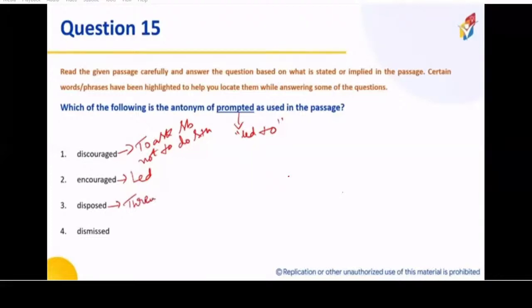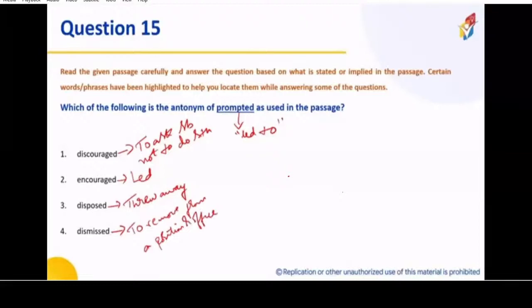Disposed is thrown away. So to throw away is to dispose. So you say you need to dispose of your waste in a proper manner. And dismissed means to remove someone from a position or office. He was dismissed on account of fraud, and so on. So to remove from a position or office.